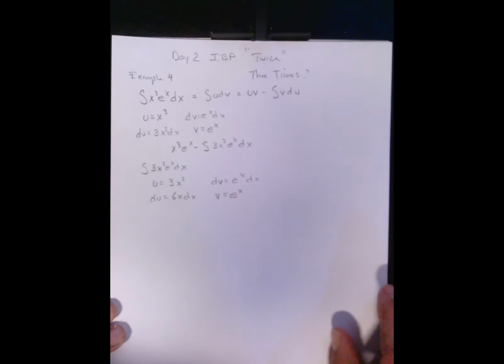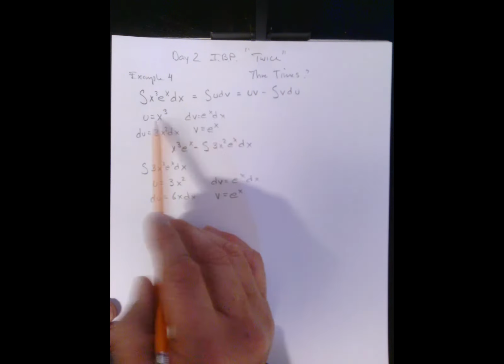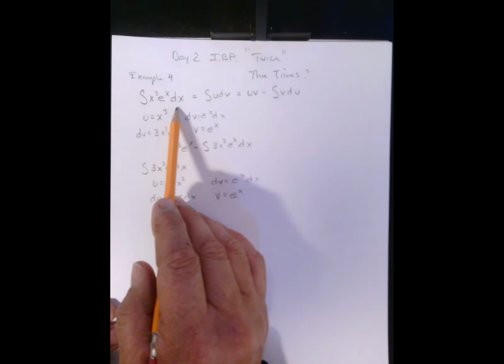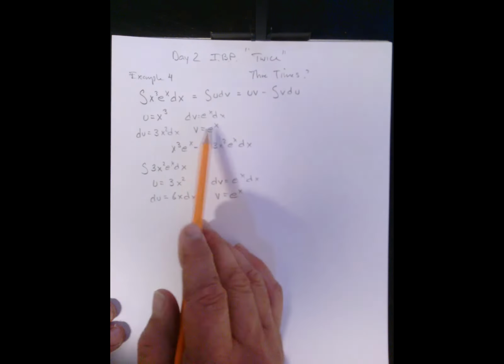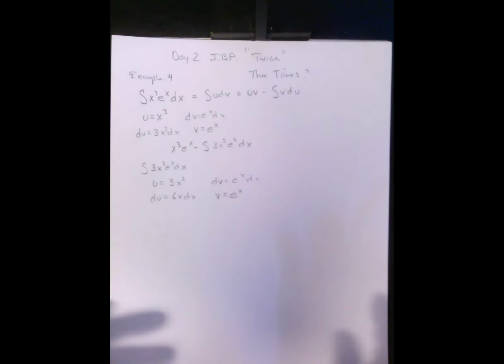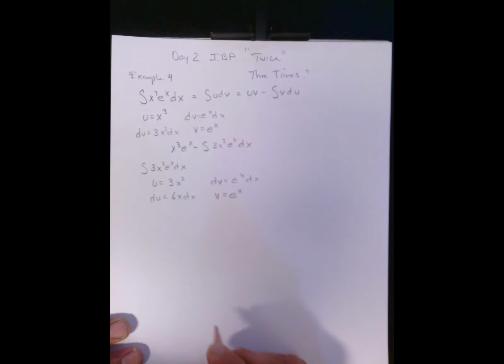If you're following along and you're concerned that this is just one possible choice of u and dv, and when you're confronted with this integral you may not know which choice to make, don't worry, it will become clearer as you get more practice. This problem will show a little bit of insight. So I'll talk about that when I get this problem done again.